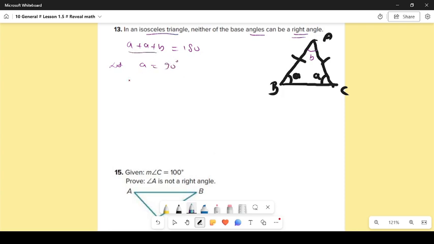If A is 90 degrees, I will write 90 plus 90 plus B is equal to 180. So 180 plus B is equal to 180, which is totally wrong because the maximum should be 180, and if I add something more, it is greater than 180. So 180 plus B will be greater than 180, which is wrong.